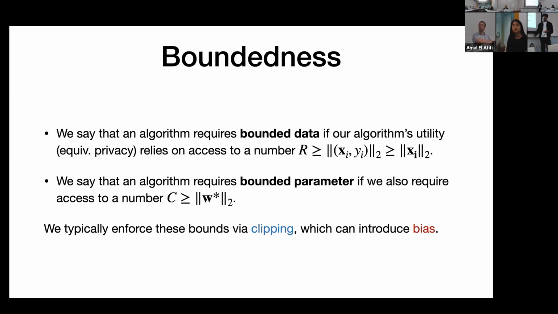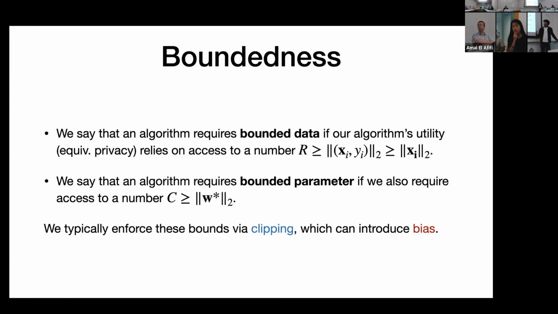And we'll say that an algorithm requires a bounded parameter if we also require access to a number, something like C, that upper bounds the norm of this W star. We're going to typically enforce these bounds via clipping, which is the procedure I mentioned earlier that may or may not introduce bias, but typically introduces bias.